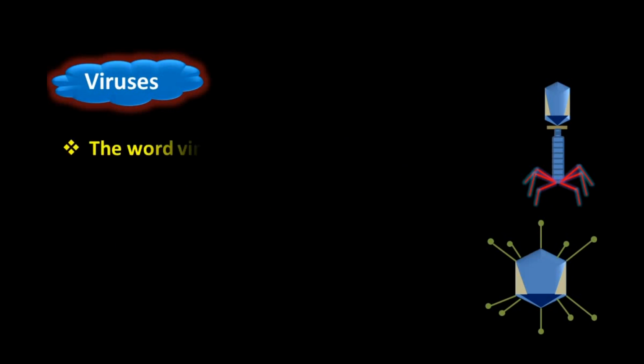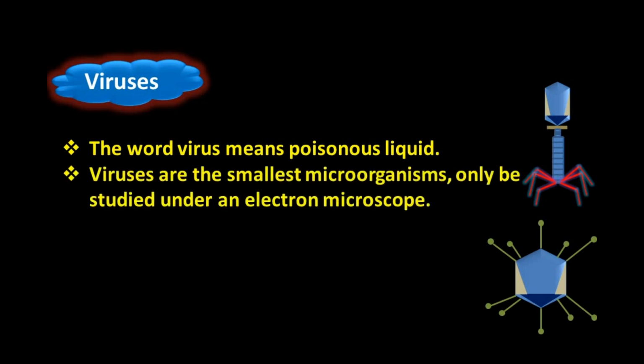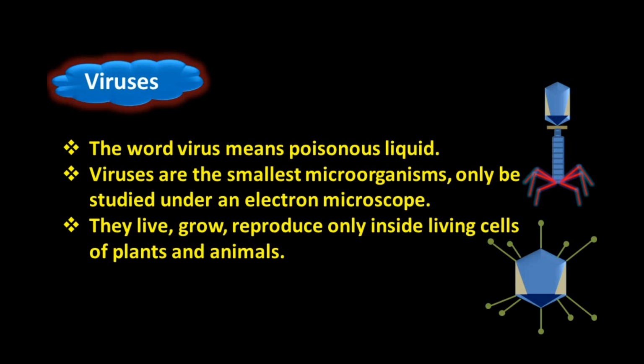Viruses. The word virus means poisonous liquid. Viruses are the smallest microorganisms, which can only be studied under an electron microscope. They cannot be observed by a compound microscope because viruses are very small. They live, grow and reproduce only inside living cells of plants and animals.